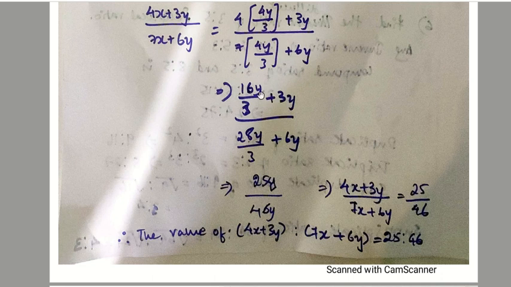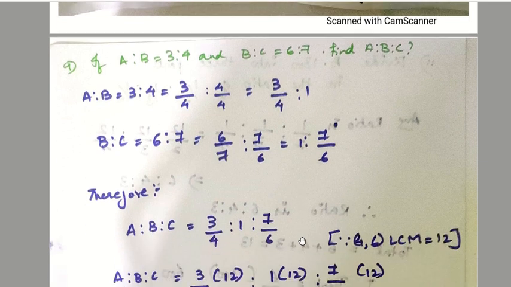So 25y divided by 3, over 6 into 3, 18, 18 plus 28, 46y, and the common denominator gets cancelled, which is equal to 4x plus 3y divided by 7x plus 6y is equal to 25 divided by 46 is your answer. So the value of 4x plus 3y is to 7x plus 6y is equal to 25 is to 46.